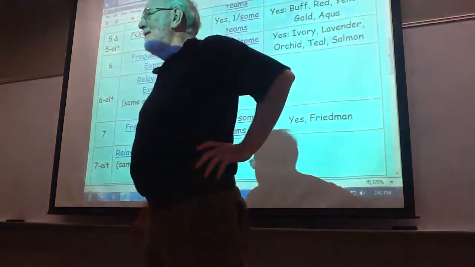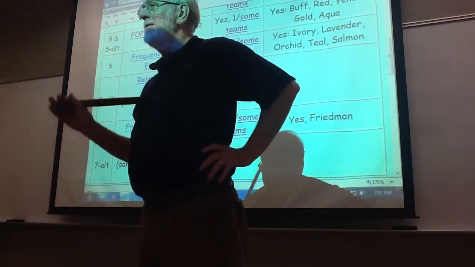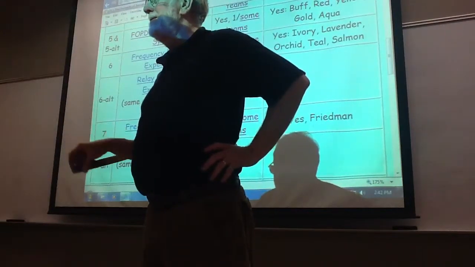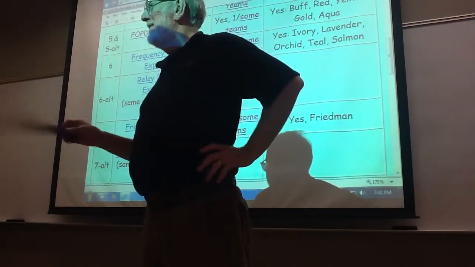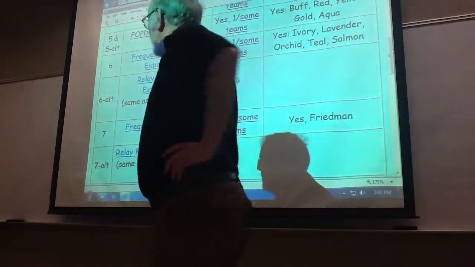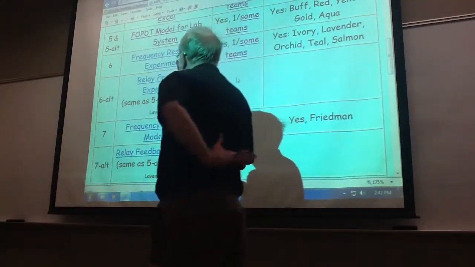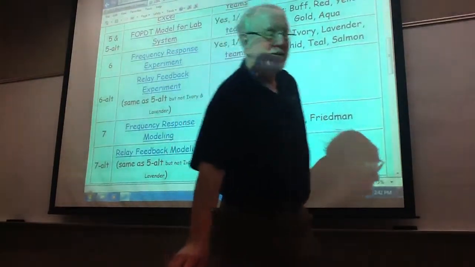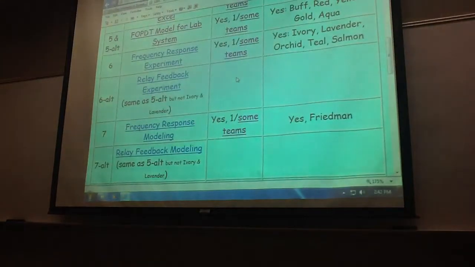Was the alternate method easier or harder than the other method? Well, this one's easy. The people who already did it, get this one. It's very quick and easy. Frequency response. Let's talk about that first. The non-alternate people do the frequency response.